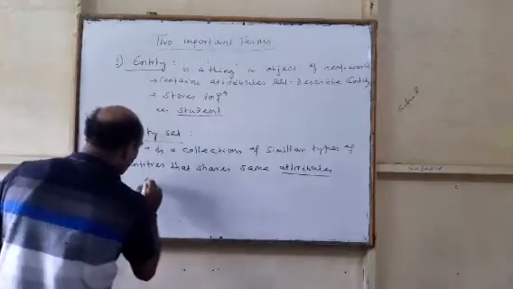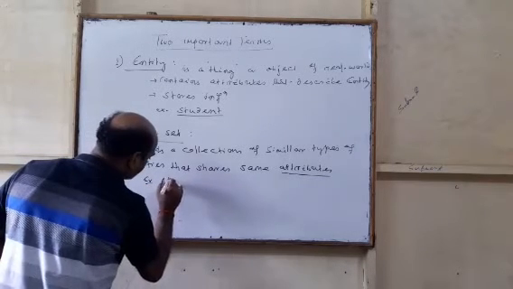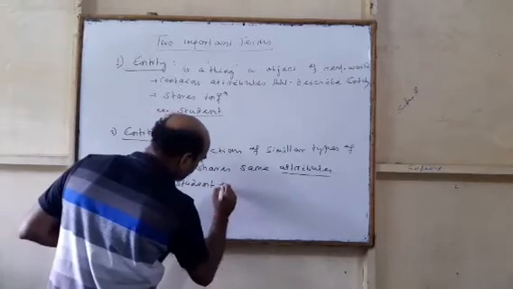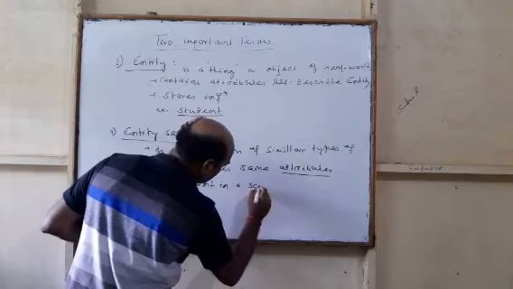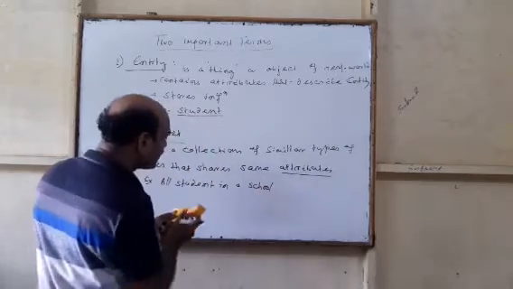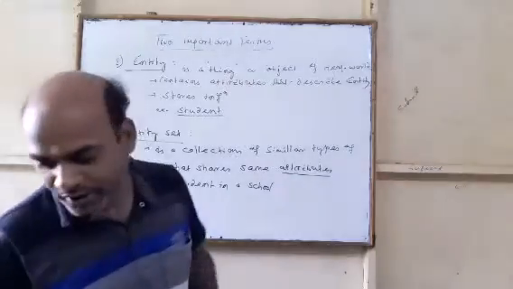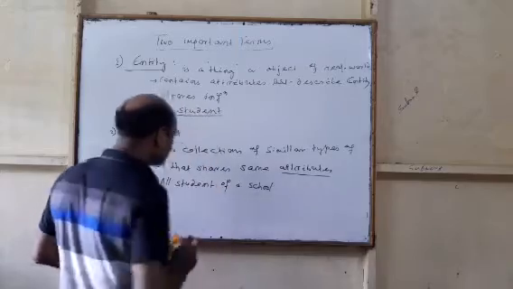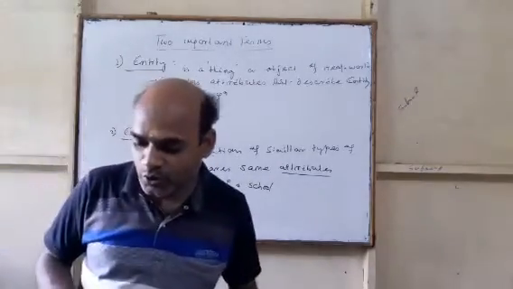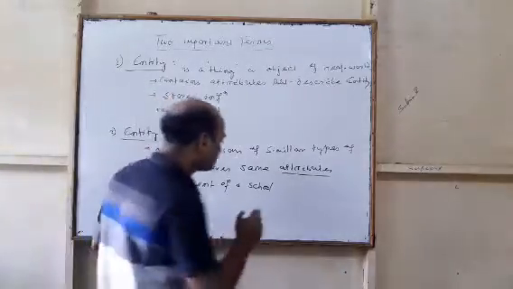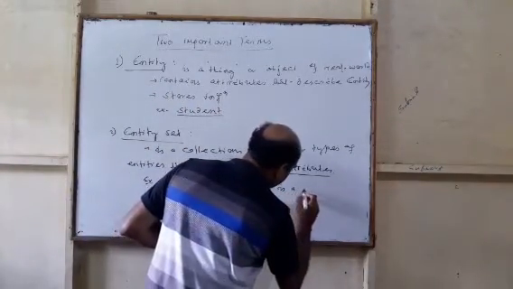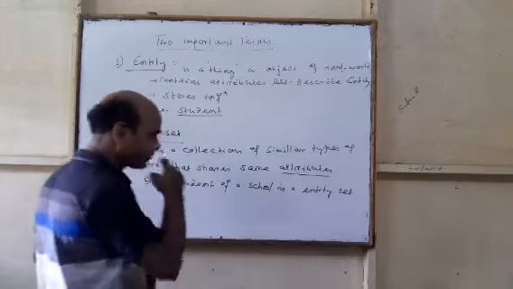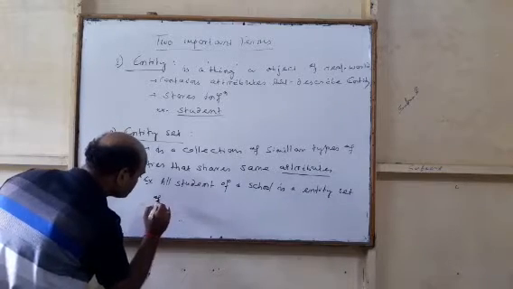So, example: all students in a school, all students of a school is an entity set of the student entity.